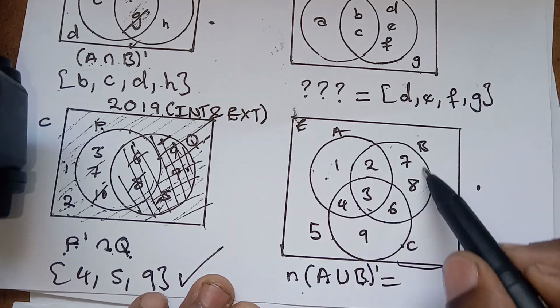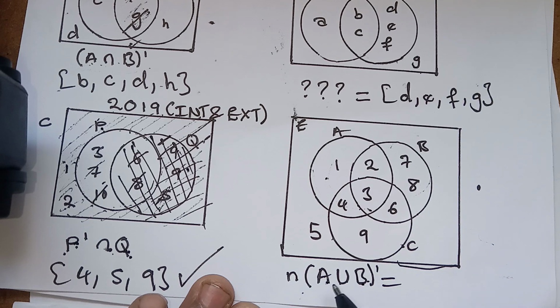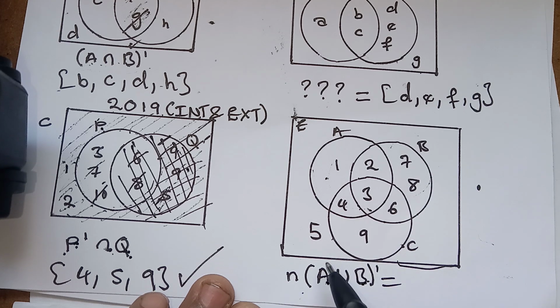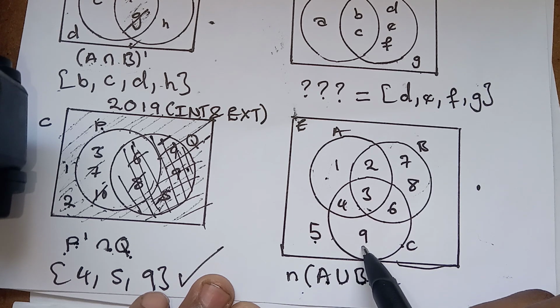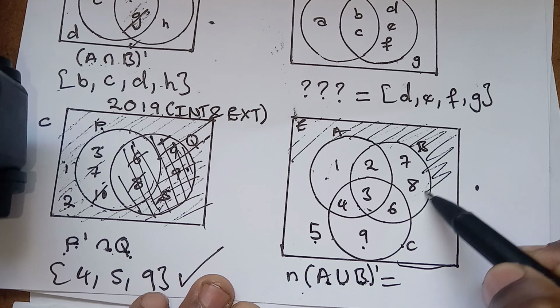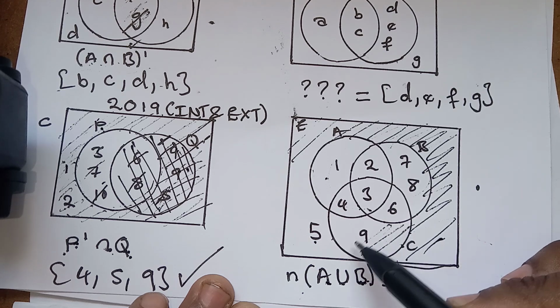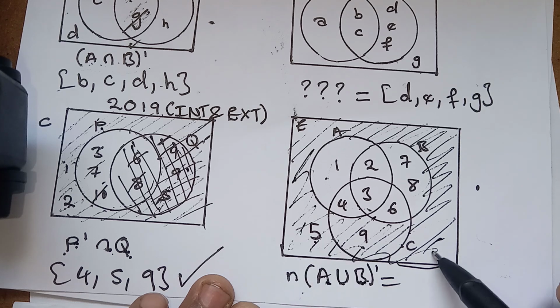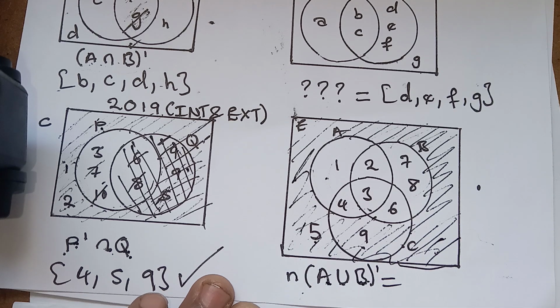But then the question wants the elements outside A union B. So the elements outside A union B are this and this. So if you are to shade A union B complement, that would be something like this. Everything outside A union B. It would be something like this.